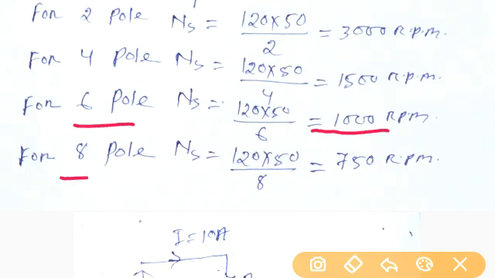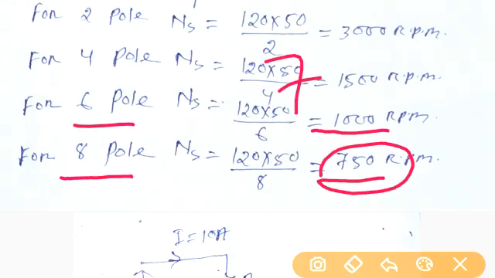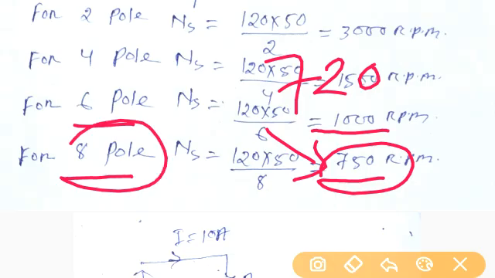And for 8 pole, the speed is 750 rpm. We know that the speed of the induction motor is close to the synchronous speed. Here we have 720 rpm, so close to 720 is 750 rpm. So our option will be 8 pole, that is option C will be the correct answer.